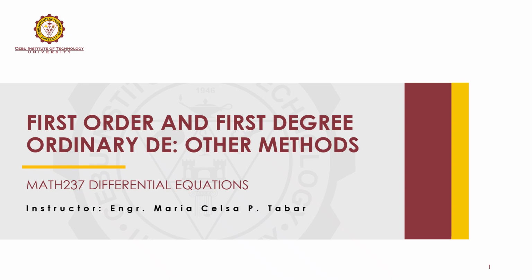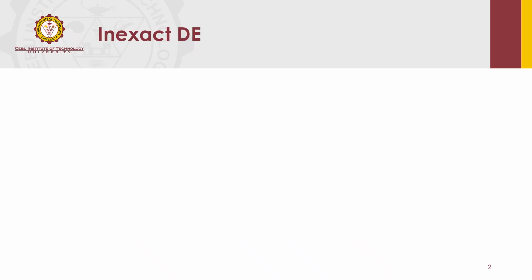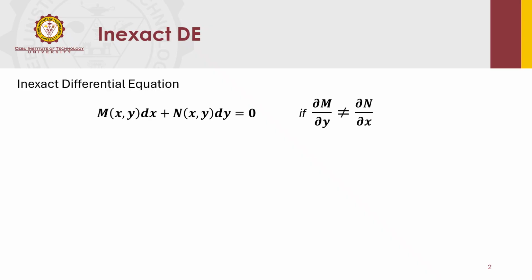So we have other methods of solving first order and first degree ordinary differential equations. So we have inexact differential equation. If the partial derivative of M with respect to y is not equal to the partial derivative of N with respect to x, then it is inexact.